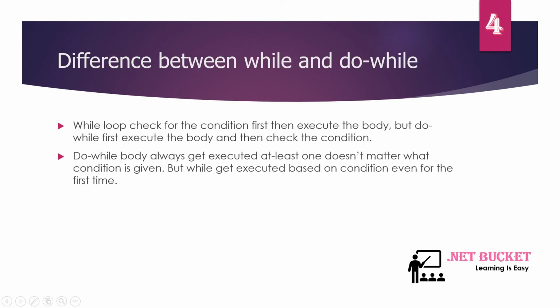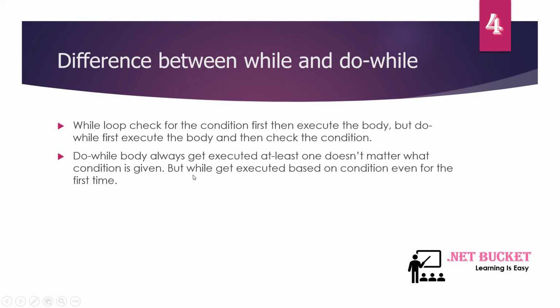So what is the basic difference between while and do while? The while loop checks the condition first. As and when it comes to the while loop, it evaluates the condition, and it will execute the body of the while loop only if that condition evaluates to true. Otherwise it will never execute the body of your while loop, not even once.